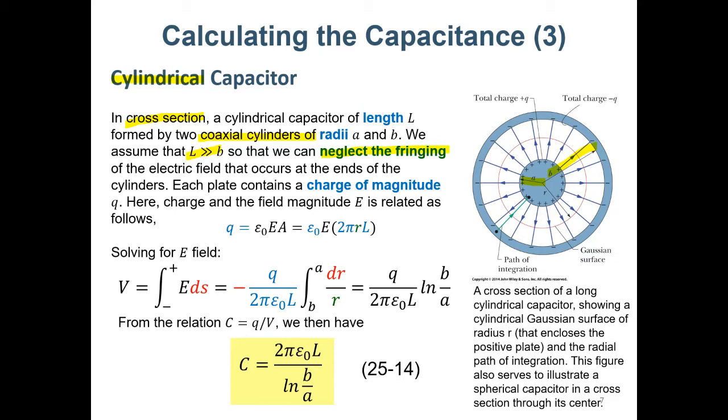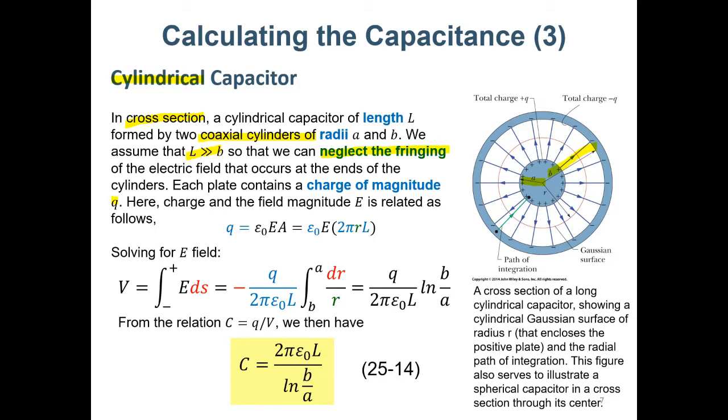And because it is a perfect circle, you can consider the symmetry. So all the E field is in the radial direction, and the inner plate contains a charge of magnitude small q.